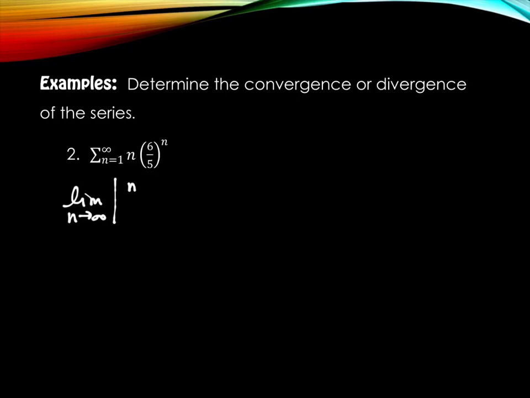But I have n plus 1, and then I have (6/5)^(n+1) over n and (6/5)^n. Okay, so far so good? So what could we reduce here?